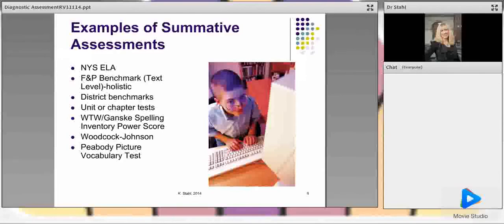Unit and chapter tests, and also even an assessment like the Words Their Way or Gansky Spelling Inventory. Those assessments can be used multiple ways. They can be used as a summative if you're simply looking at the power score, or they can be used formatively if you're looking at the individual pieces of information that are available.